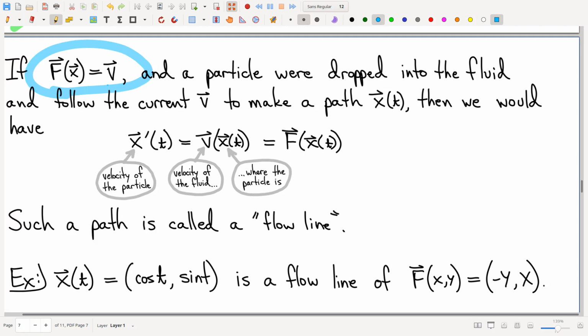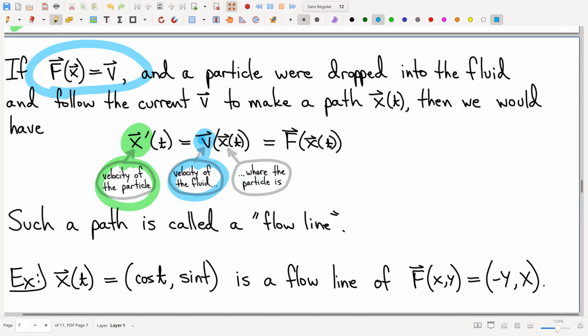If your vector field represents the velocity, and if the particle is doing exactly what the fluid says it should be doing, then the velocity of the particle, if you think about it, right? What is the velocity of the particle? Velocity of the particle is exactly the same as the velocity of the fluid, because the particle is following the fluid. The fluid is what is pushing the particle around. Right?